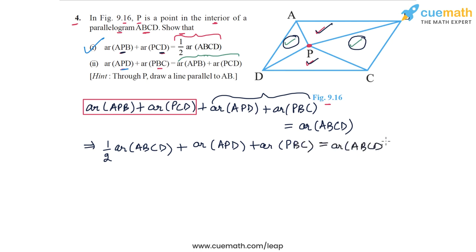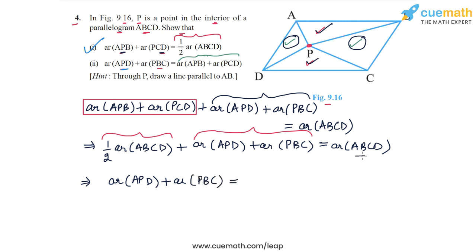So basically 2 of the triangles we know add up to half of ABCD. So this means that the remaining pair of triangles will also have a total area of half of ABCD. So we have area of APD plus area of PBC will be ABCD minus this term half ABCD. So we will get half of the area of ABCD on the right side.